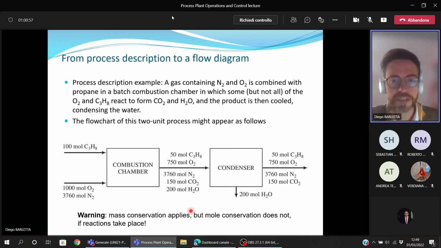But this is not actually the main focus of this slide at this point of the story. The focus was just to say that from a description we can draw a flowchart, and we keep in mind that mass conservation applies. With mole, it's another issue. We have to see something more.